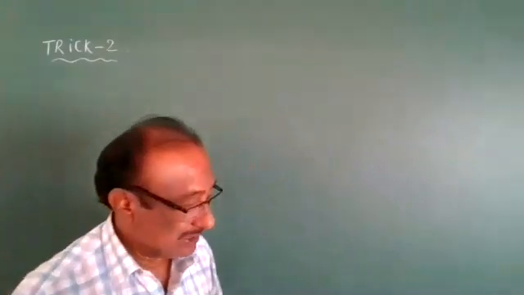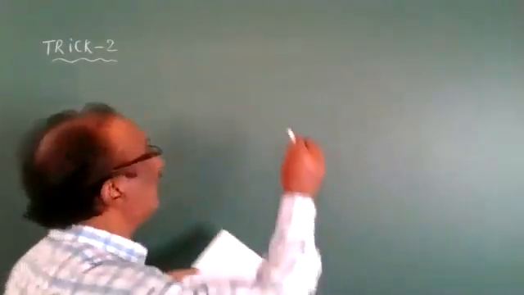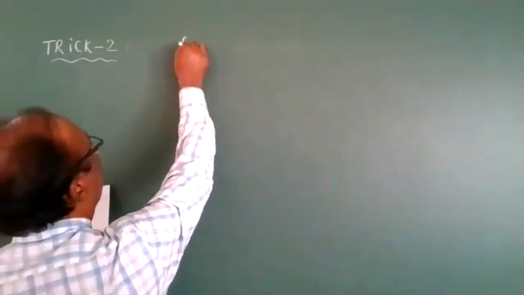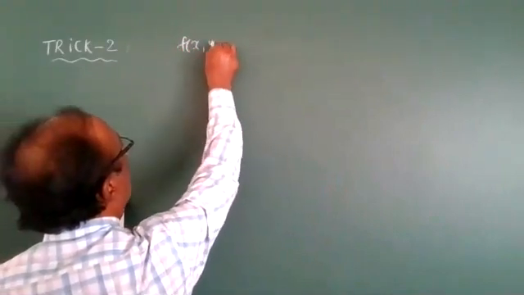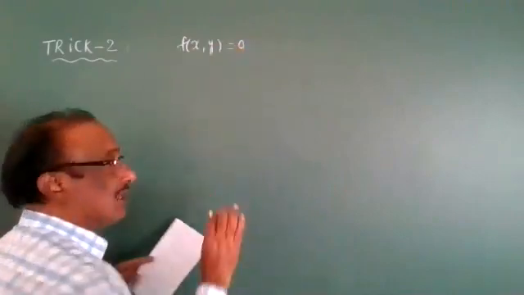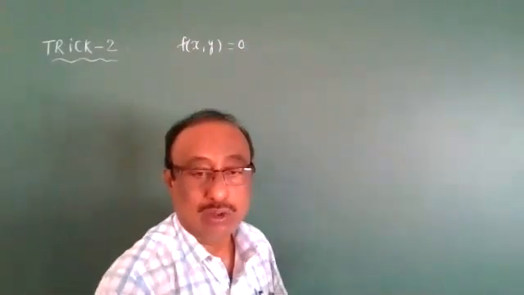So an implicit function is given in the form f of x, y is equal to 0, an x y equation. It is not possible to separate y is equal to.